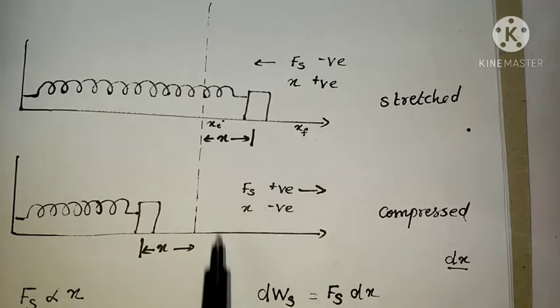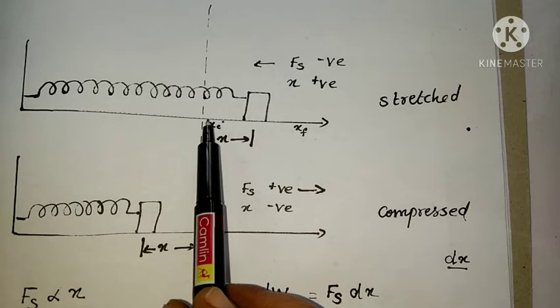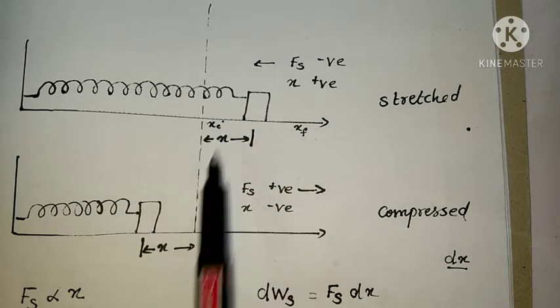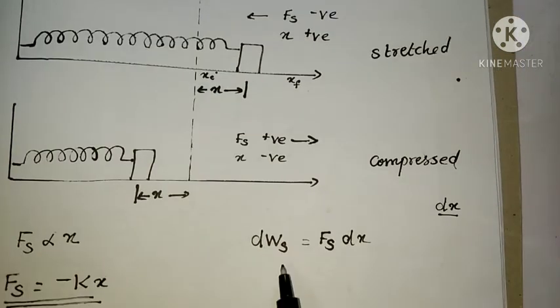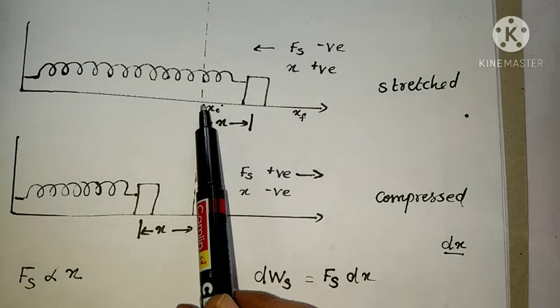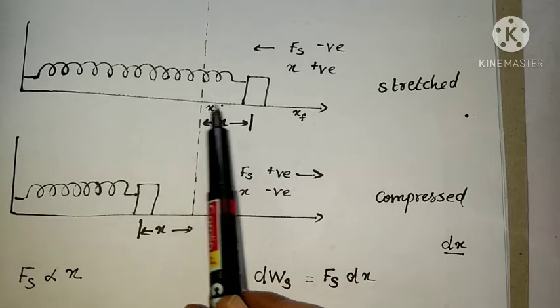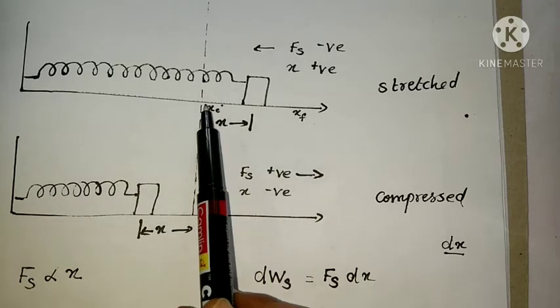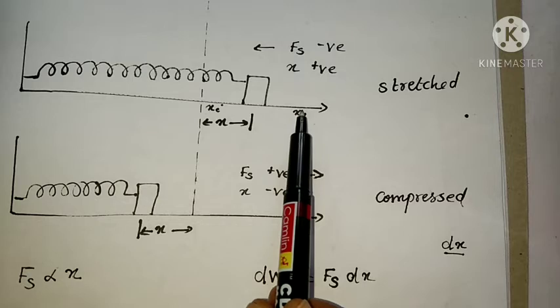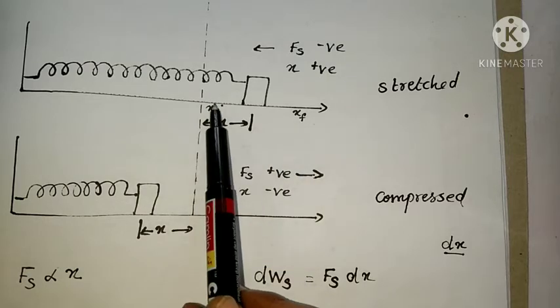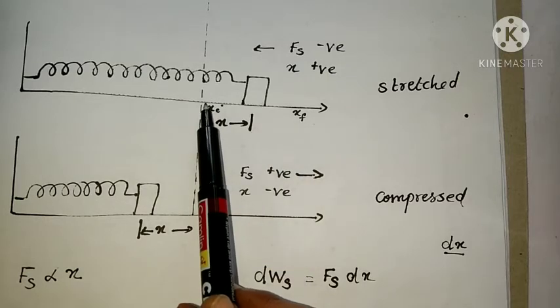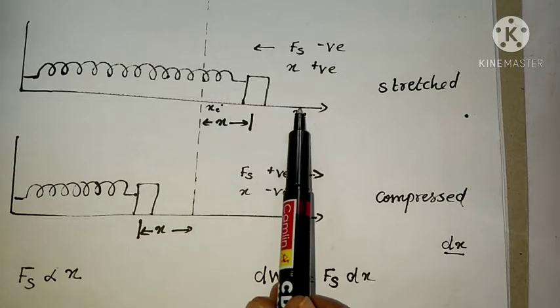First we consider that if the spring moves through a small distance dx, then the work done dW is equal to Fs into dx. Then if the spring moves from initial position xi to xf, what is the total work done by the spring force? You should add all the small work done between the point xi to xf.